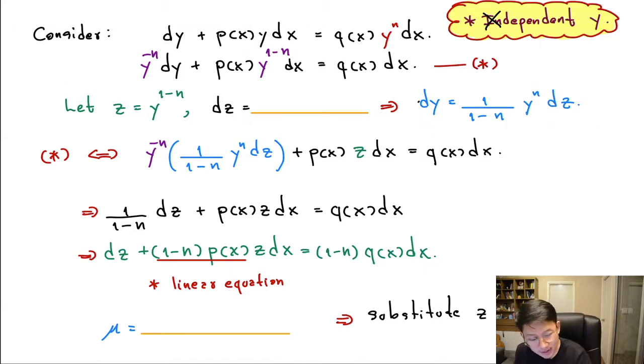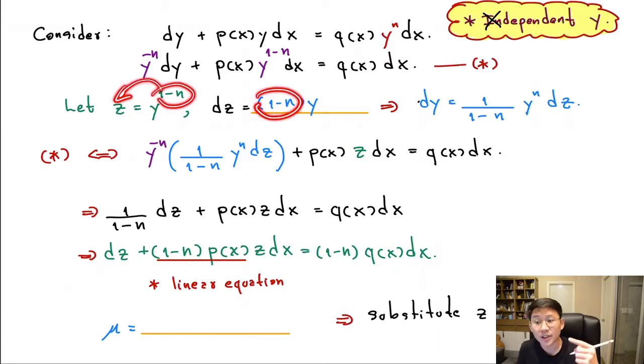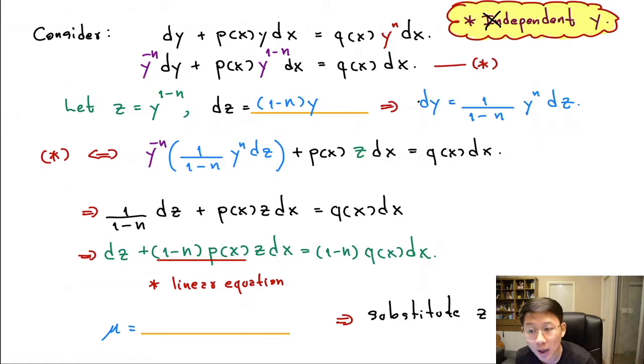So dz is actually 1 minus n times y to the 1 minus n minus 1, which is y to the minus n, dy. So we have that dy is actually 1 over (1 minus n) times y to the n dz, right? You just move this to the other side, so we have dy, okay?